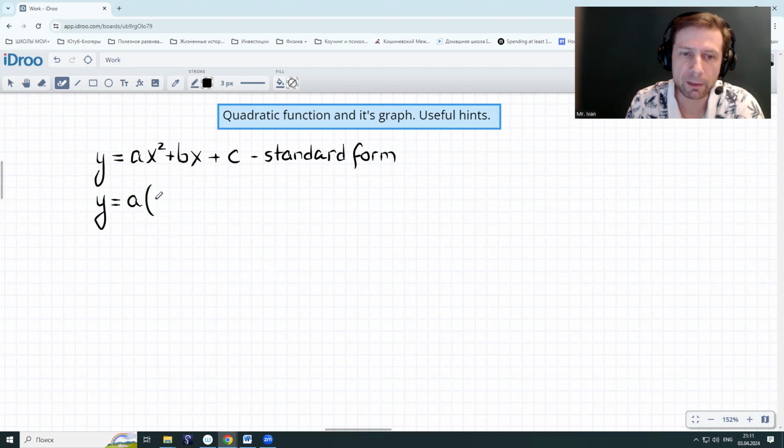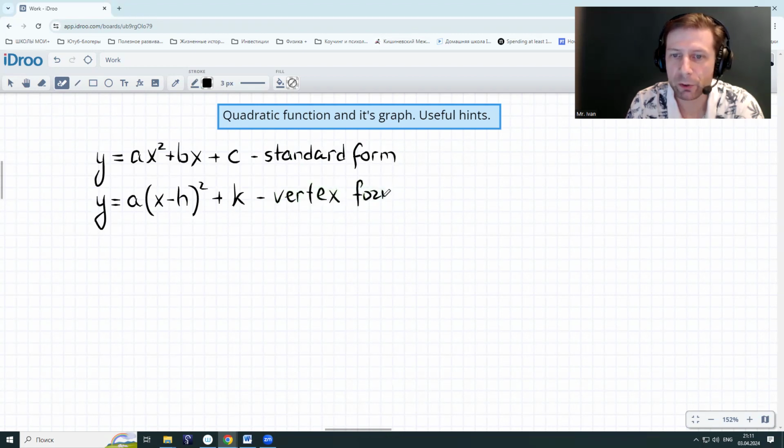a times (x minus h) squared plus k. So this is the vertex form. The vertex form basically shows the coordinates of the vertex. h and k are exactly the coordinates of the vertex.